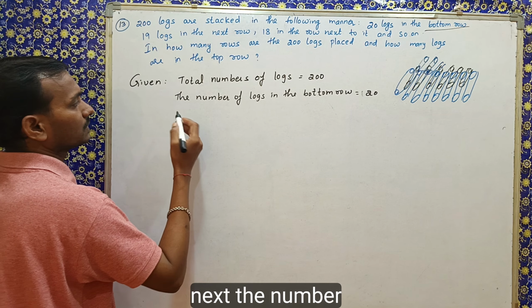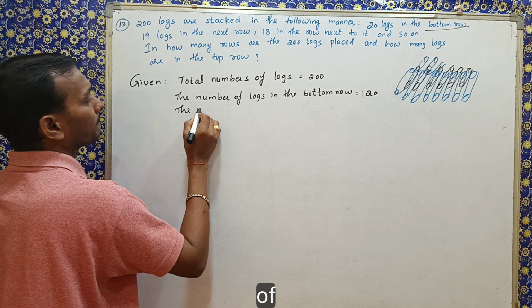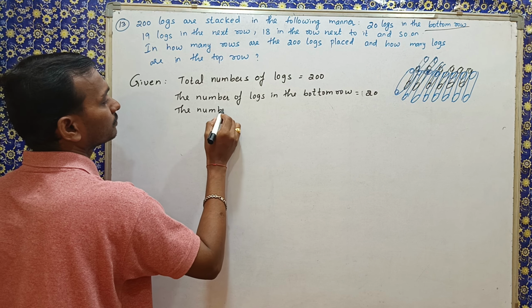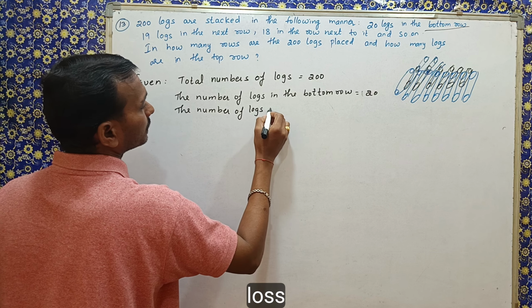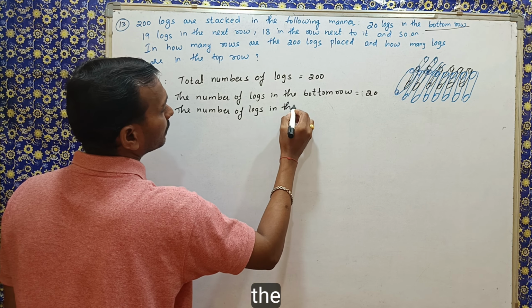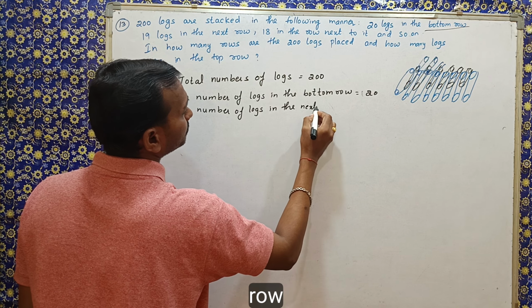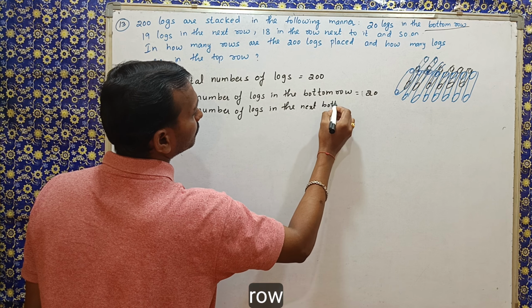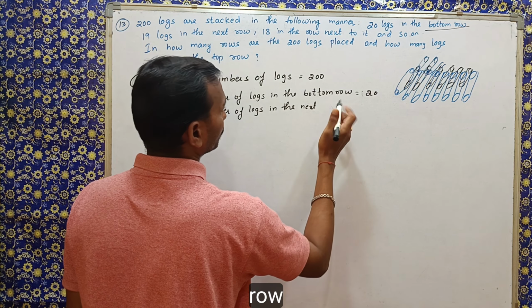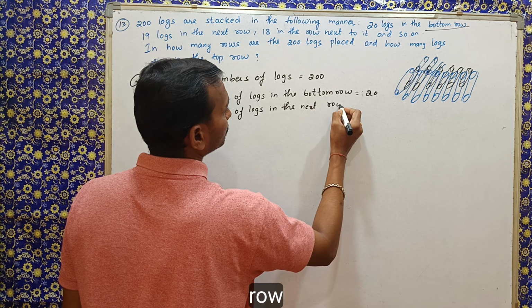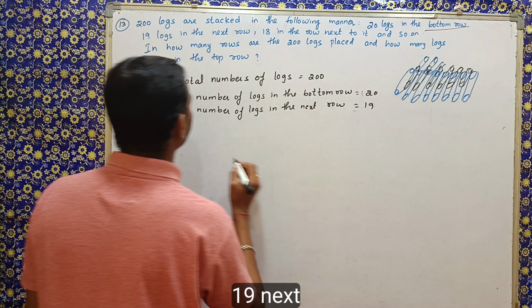Next, the number of logs in the next row, that is equal to 19.